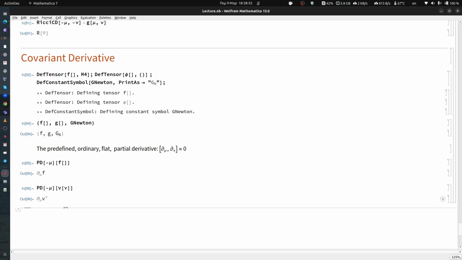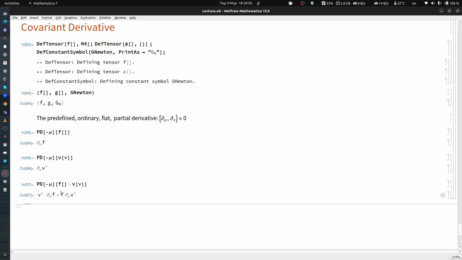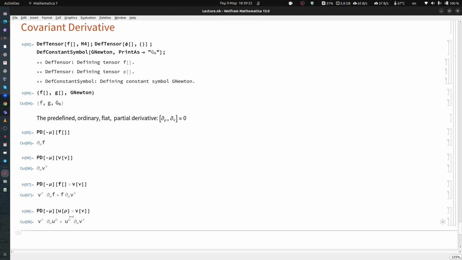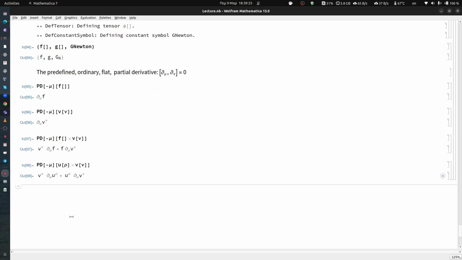The product rule for function times vector is built in, and the Leibniz rule is applied every time we have the product of a function with a vector, or in fact with any other tensor. The same is true if we have tensor products, like here a tensor product of two vectors u and v. So again, the Leibniz rule is applied in the output.